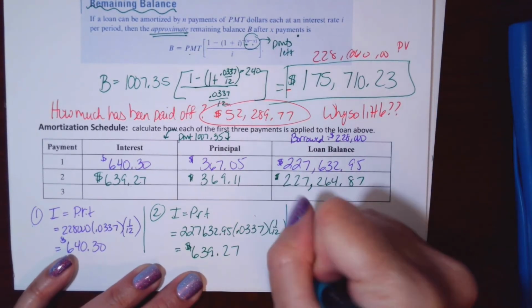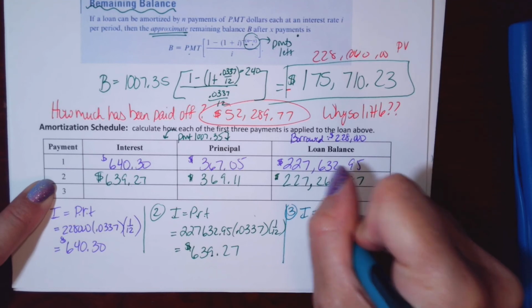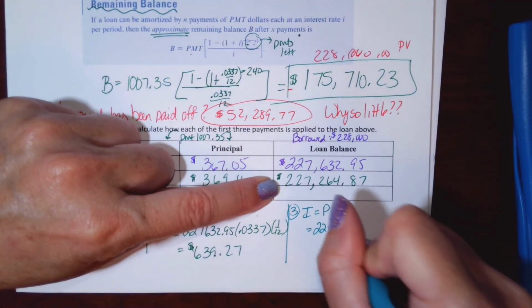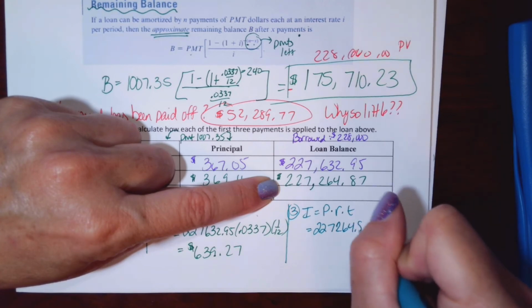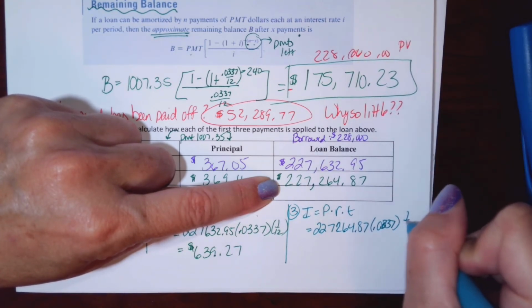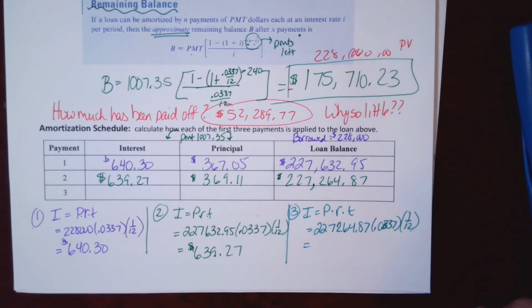What about the third payment? Let's see how we do there. Well, on our third payment, interest equals PRT. My principal is now $227,264.87. Rate is the same, and it's 1 month, so 1/12 of a year.